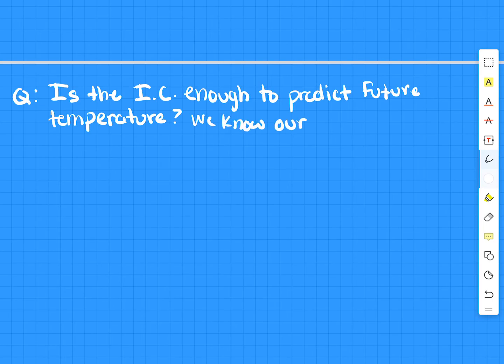However, simply knowing the initial condition isn't going to be enough to have that general solution that we would like.